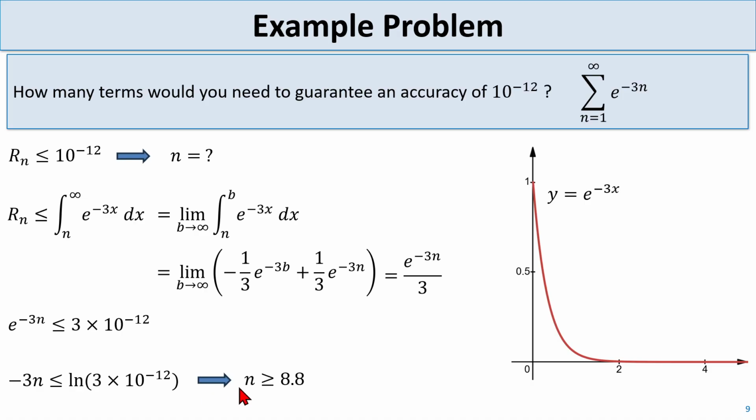When I do that, I get that n has to be greater than or equal to 8.8. Note that when I divided by negative 3, I had to flip the inequality. You have to do that if you multiply or divide an inequality by a negative number. n, however, needs to be an integer, and so we need at least 9 terms to obtain an accuracy of 10 to the negative 12.